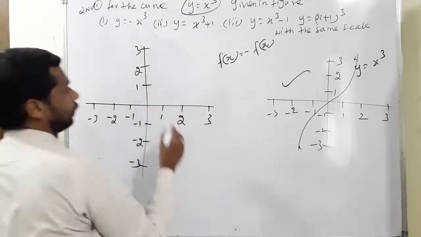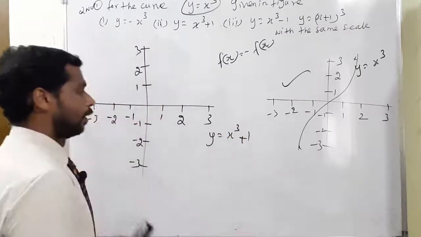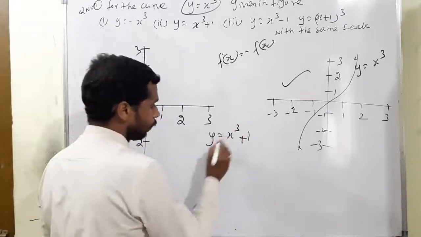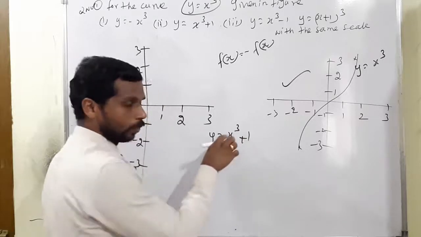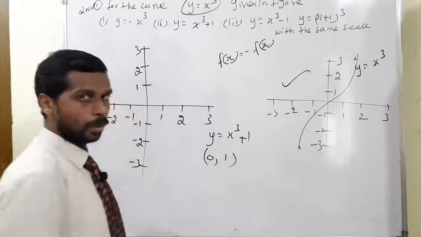The condition is y is equal to x cube plus 1, isn't it? Just consider x is equal to 0, what will happen? x is equal to 0 means 0 cube is 0, 0 plus 1 is equal to 1. The first coordinate point is 0, 1.